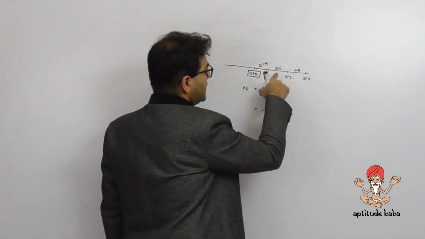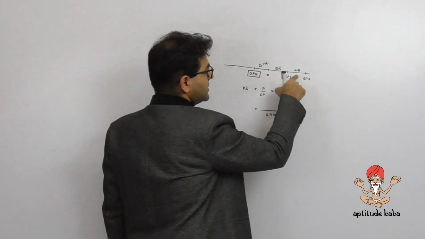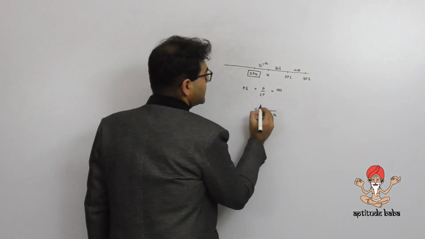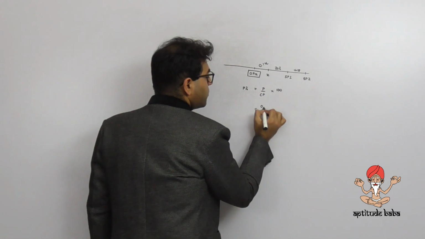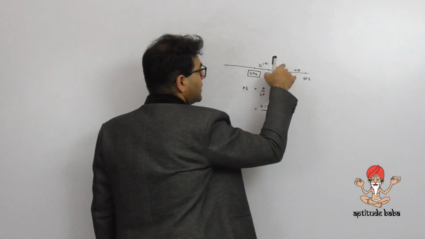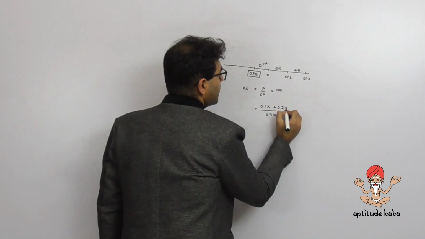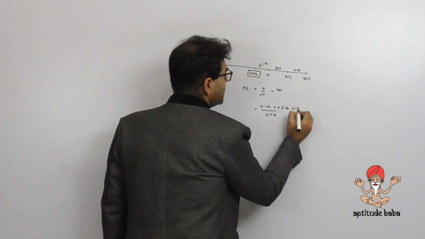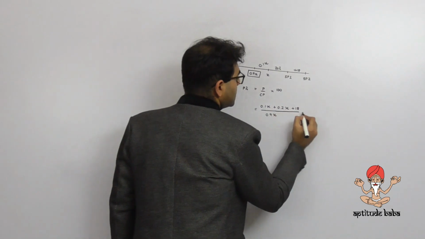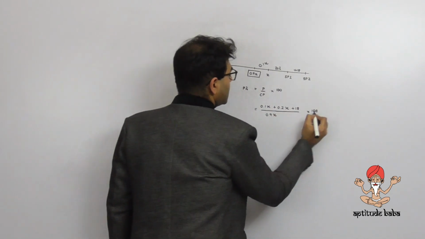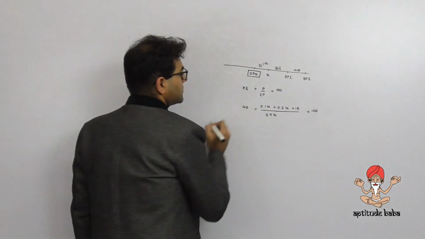This is 20% of x and this is 18 rupees. So can I say total profit is 0.1 of x? 20% means 0.2 of x. So 0.1 of x plus 0.2 of x plus 18 rupees is the total profit. When I multiply this with 100, I should be getting a 40 here.